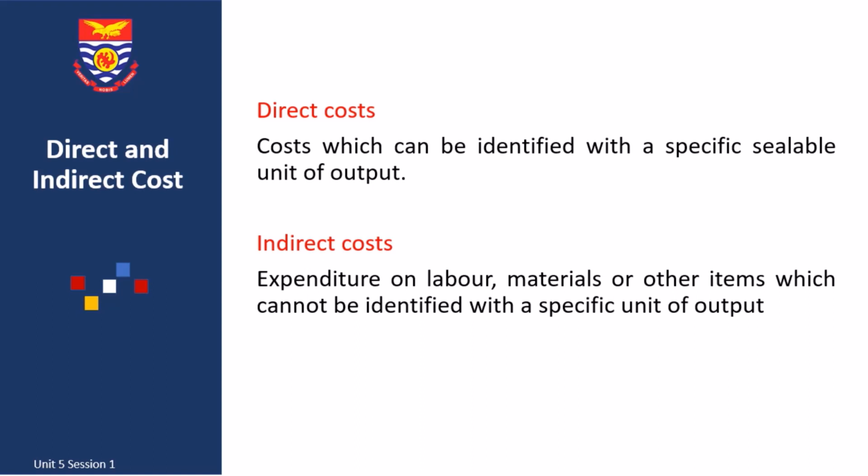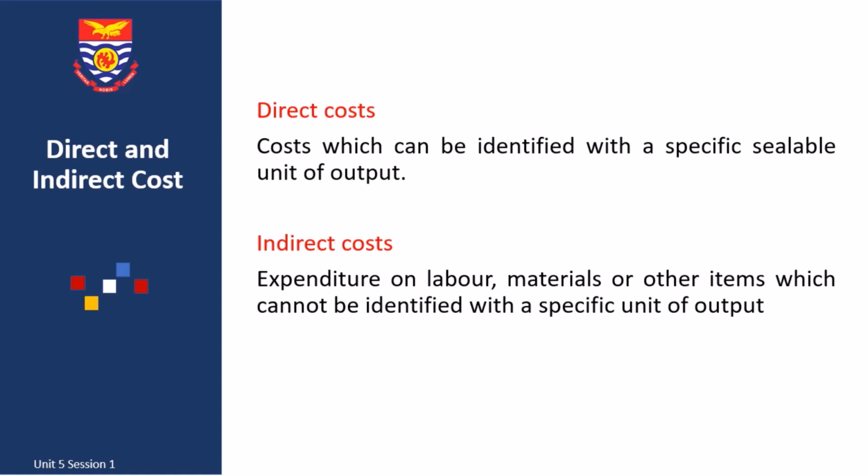Direct costs are costs which can be identified with a specific unit of output, the cost we see directly when we see the particular output. For example, the direct cost of producing an exercise book or a textbook will include direct materials such as the paper, the ink, and the glue, as well as direct labor, which is the wages paid to the employees working on the production of the books.